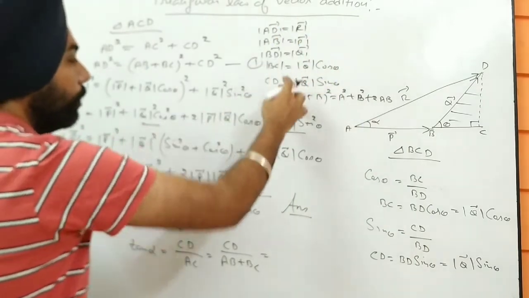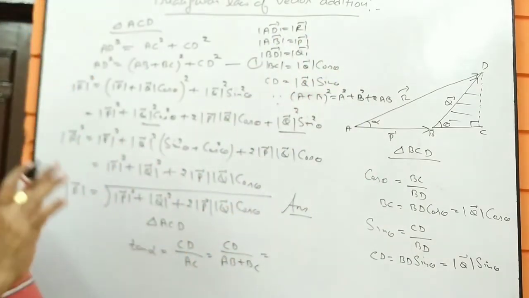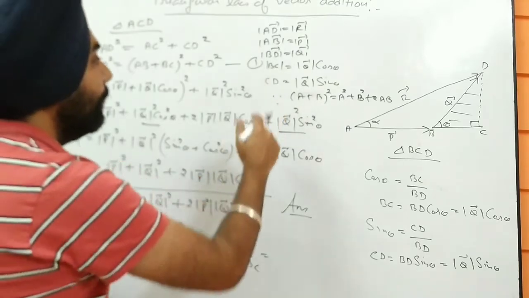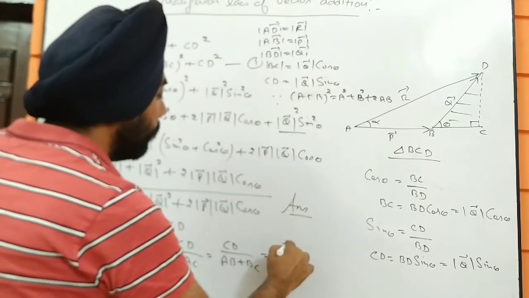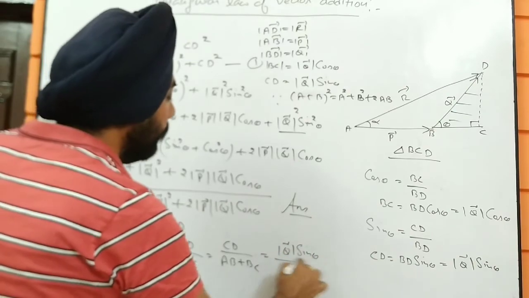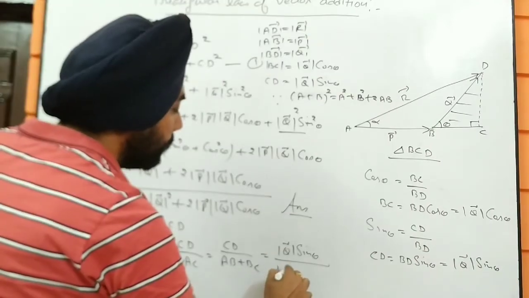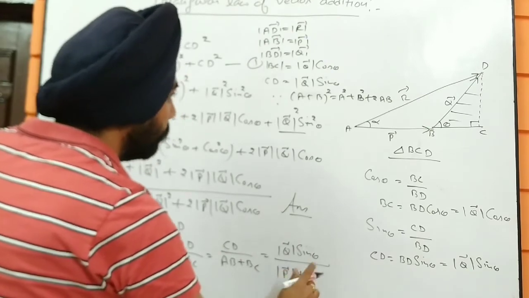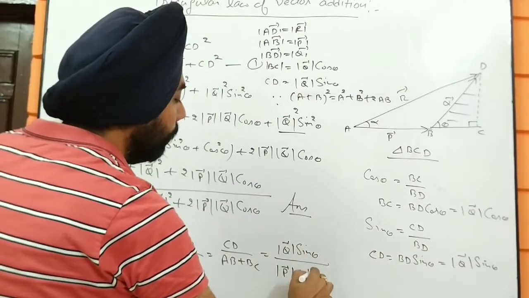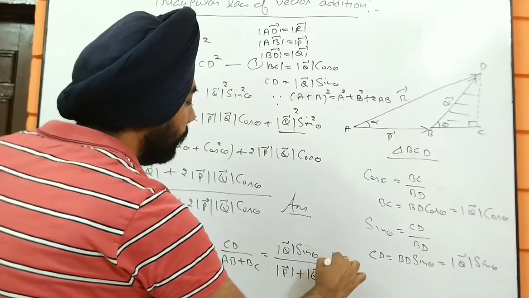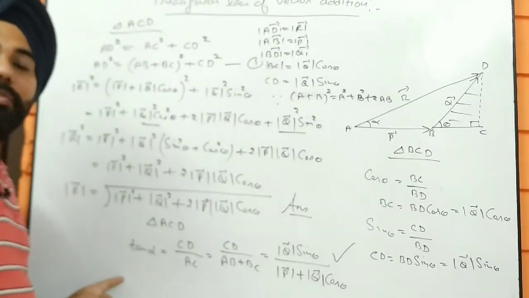Just put up all those values and this will give you the answer. So CD is going to be equal to Q sin theta. Now what is AB? AB value is already given to us, that is P, and plus BC value is going to be equal to Q cos theta. This is your answer for the direction, tan alpha.